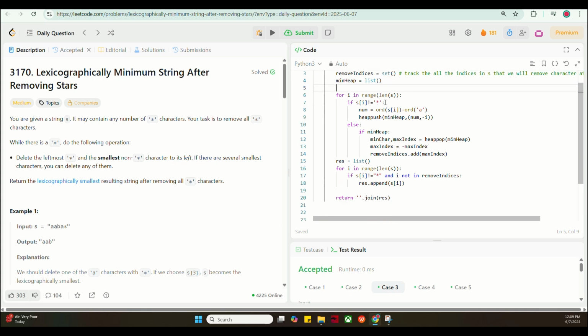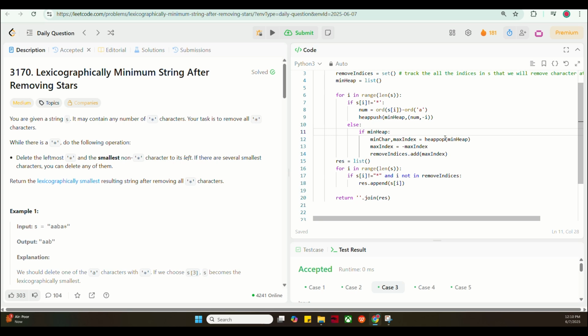We look through each character of string s, and if the character is not a star, we calculate the corresponding integer, just for better processing. No big deal here, you don't have to do this. We push the number and the corresponding negative index into the heap.